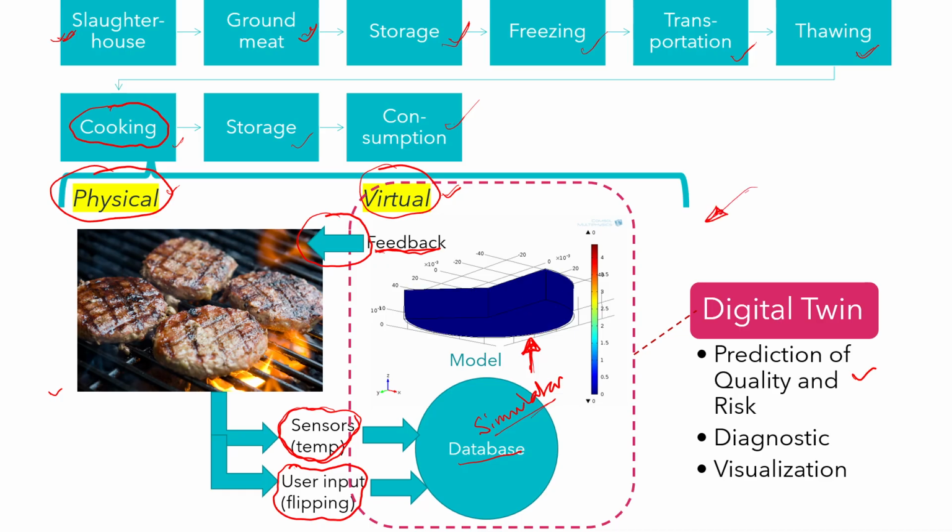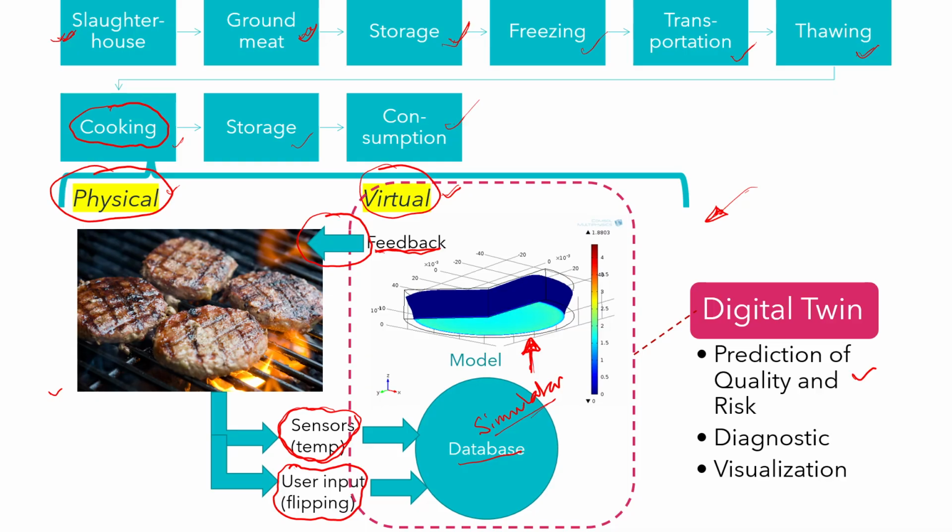All of these models can be put together to build a decision-making tool or a digital twin of these burgers or the meat from slaughterhouse to consumption, where you can predict in real time which way things are going, if there is something going to go wrong. So then, tying up to this course, most of these models would need, let's say, a heat transfer model, microbiological growth model, or quality model.